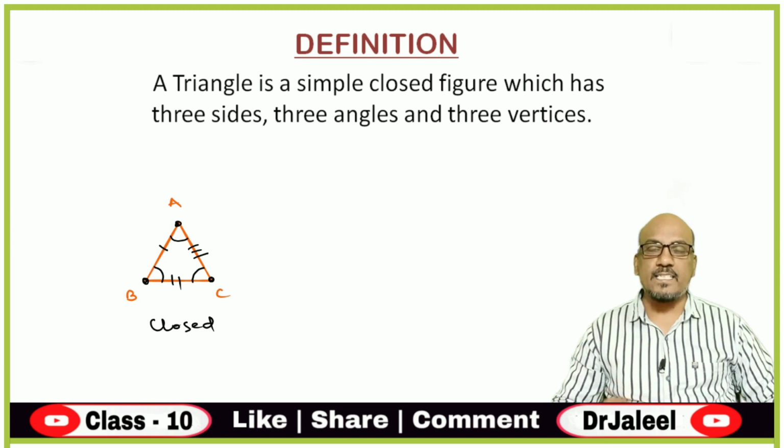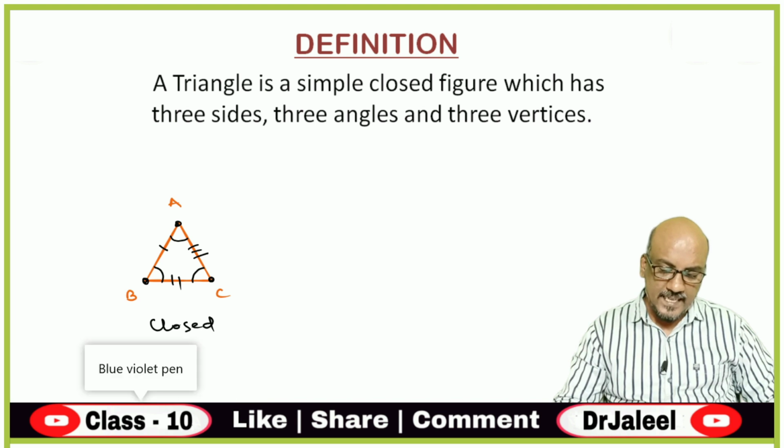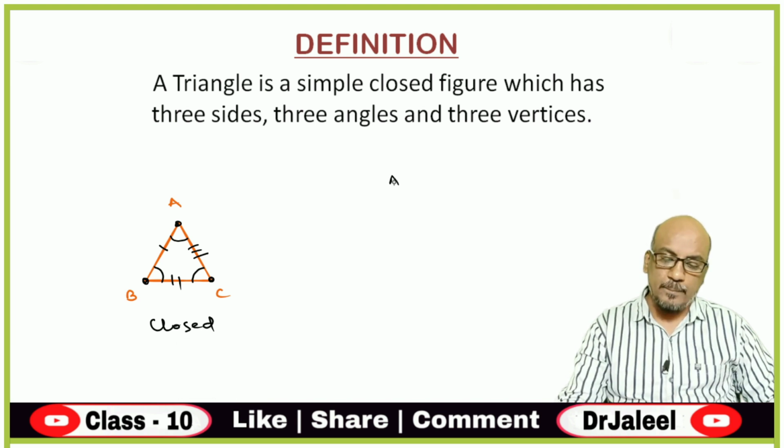A triangle is a simple closed figure where there should be 3 sides, 3 angles, 3 vertices. In this example, children, AB, BC, AC are called sides.